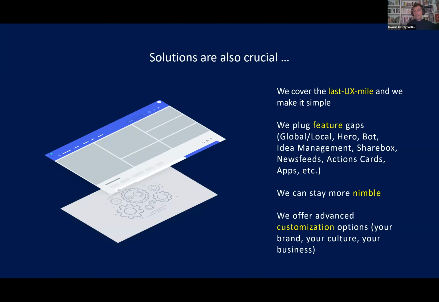Basically, we make platforms simple, and you don't need to deal with the complexity of so many things that you can do with an event in SharePoint, for example, or in Outlook, or with a task in Planner. We try to be minimalistic when it comes to user experience and make things very simple.